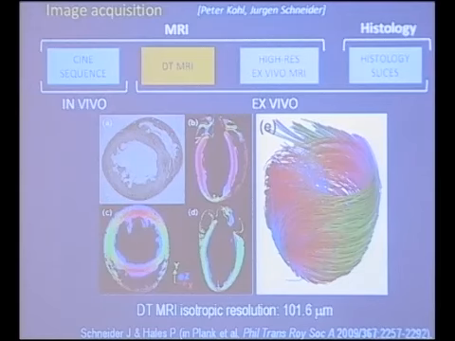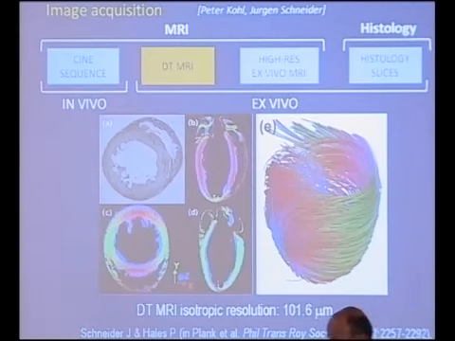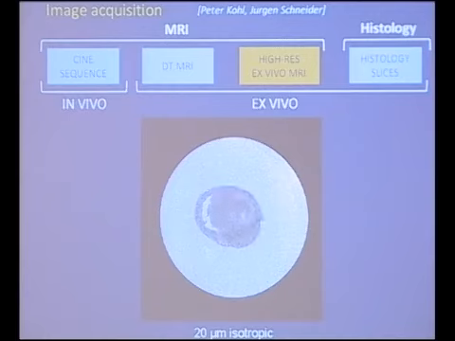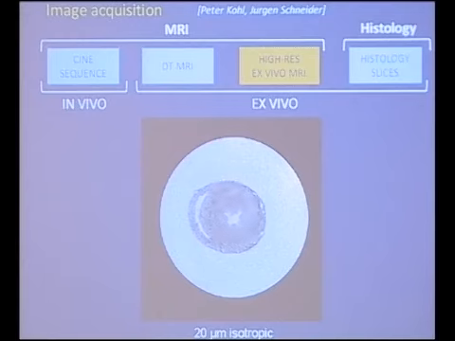We are acquiring diffusion tensor MRI images. I should mention that all of this comes from Peter Cole's and Jürgen Schneider's labs. Here we have about 1/10 of a millimeter isotropic, and we are getting the myocyte orientation. Now we are ex vivo.